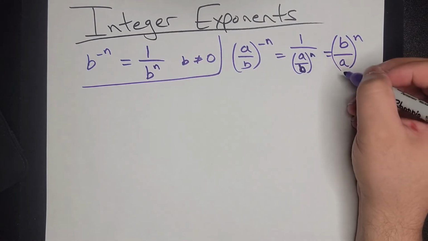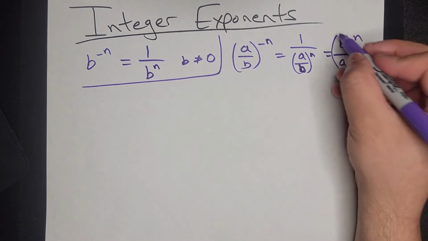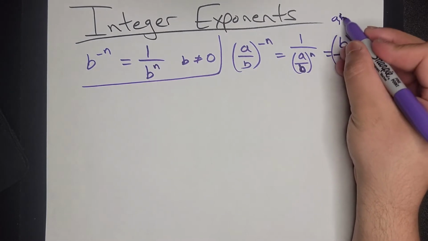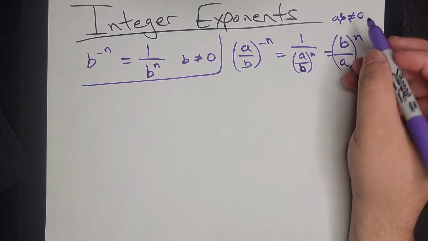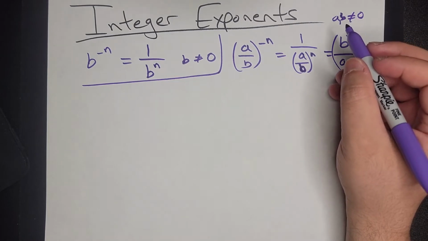And that's also where a and b cannot be 0.